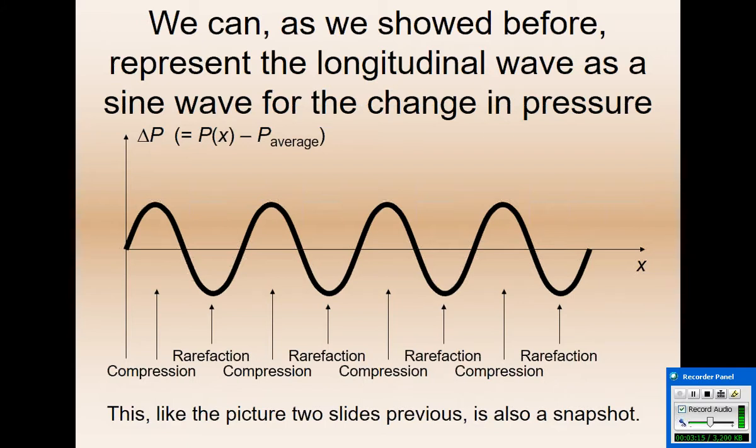But where you see a positive peak, the particles are at higher pressure because they're compressed. And at the bottoms of these oscillations, the particles are relatively more widely separated from each other. The pressure deviation is negative, and we have a rarefaction at that location.